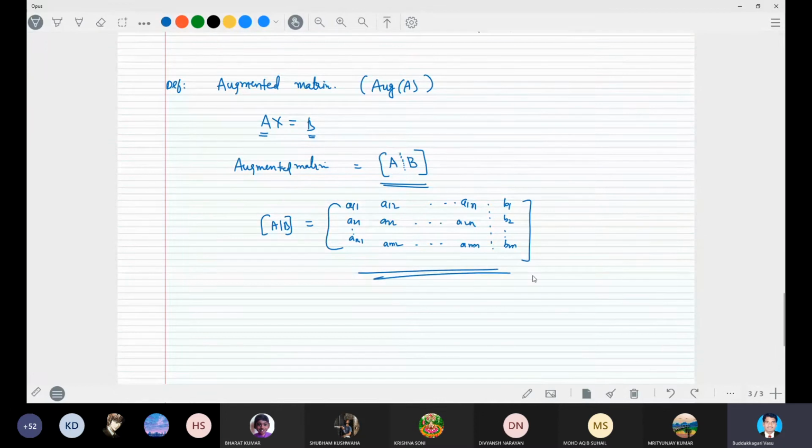That's all. This is the augmented matrix. We separate the coefficient matrix and the added column by a dotted or straight line. Any doubt about the augmented matrix?